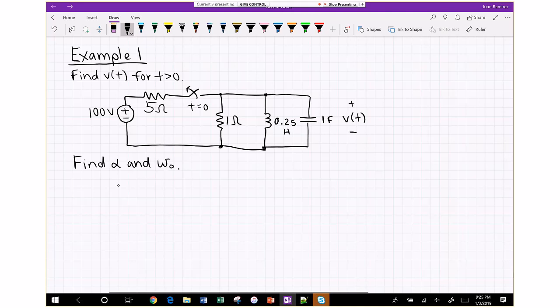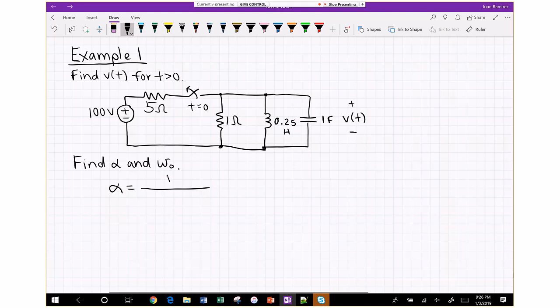Damping factor is equal to 1 over 2 times RC. The R for a parallel RLC circuit has to be a parallel resistance to the inductor and to the capacitor. And this is the resistance that's present after the transition. So here we see a switch that opens at time 0.